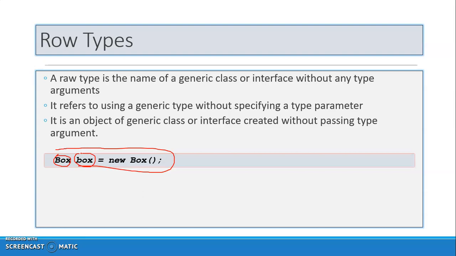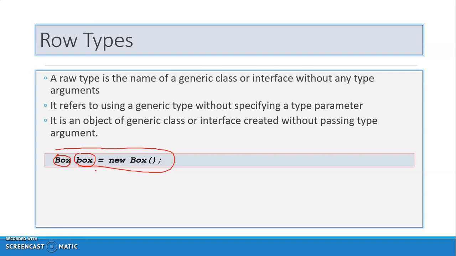So when generics was added, they made sure that the generic code would be compatible with the old code. So we can come up with this raw type because of such a thing, which was just to support the old versions or older code.